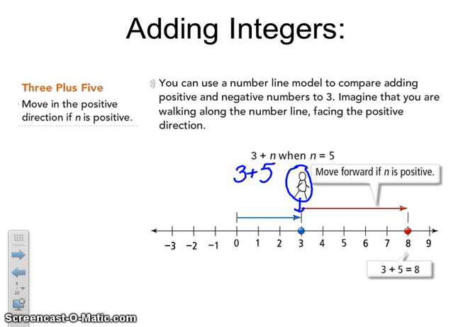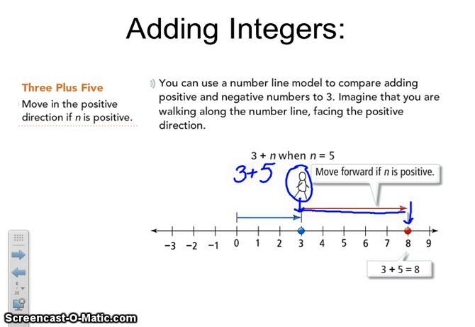That's your starting point. We start with 3, and we're going to add 5 to it. So the red line here shows us adding 5, and our new location of where our little man would be is 8. So 3 plus 5 equals 8.